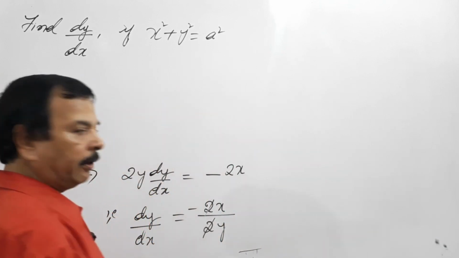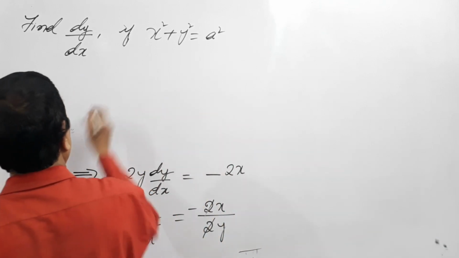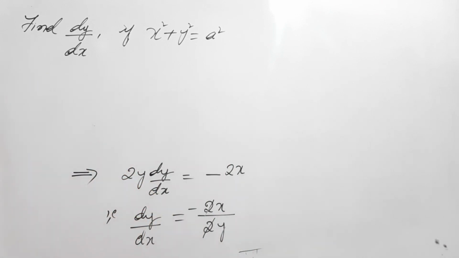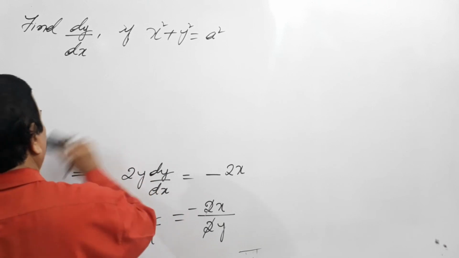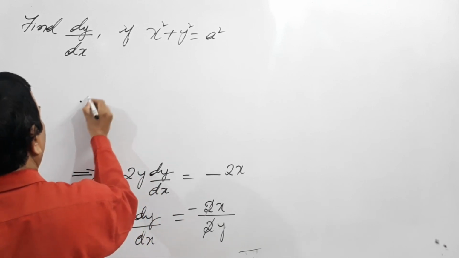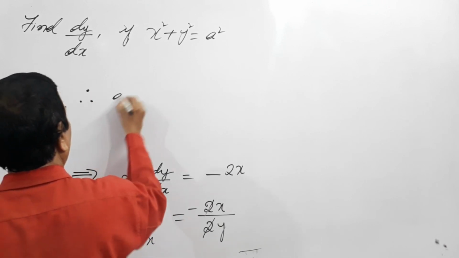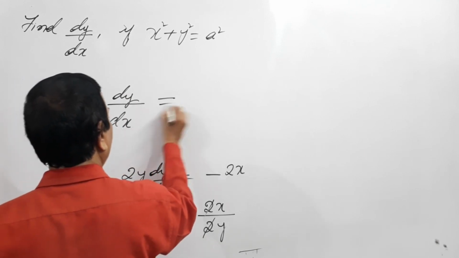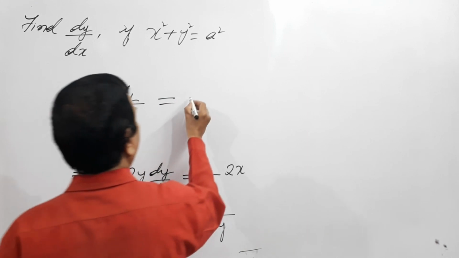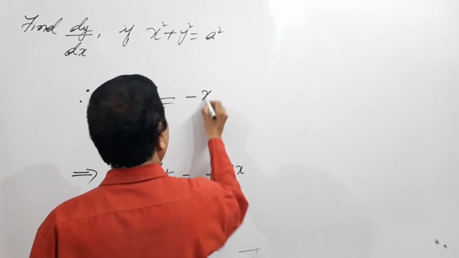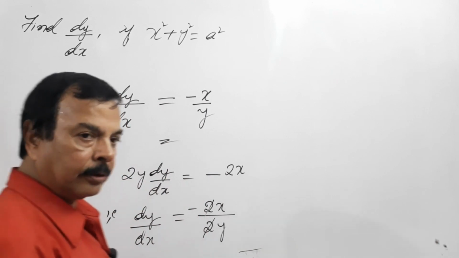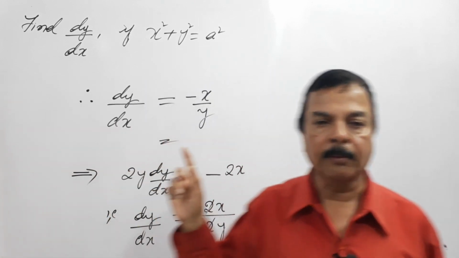So we were asked to find dy by dx, and we have got dy by dx equals minus x by y. This is our answer.